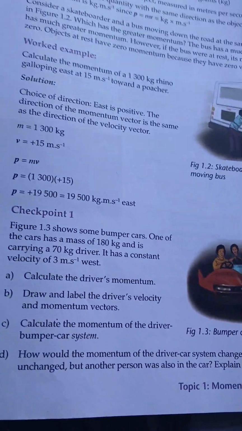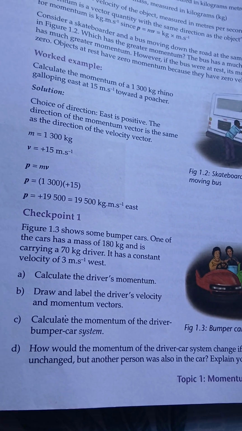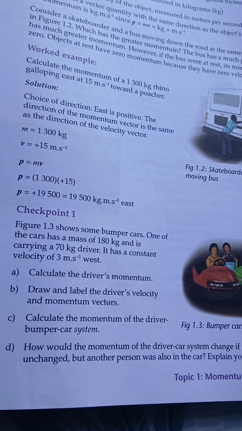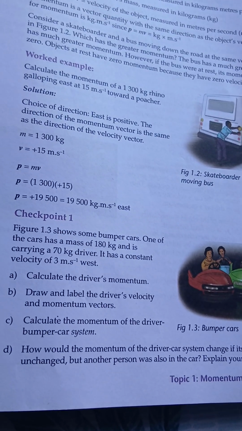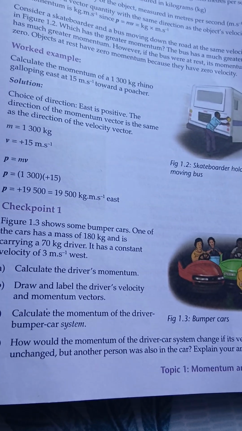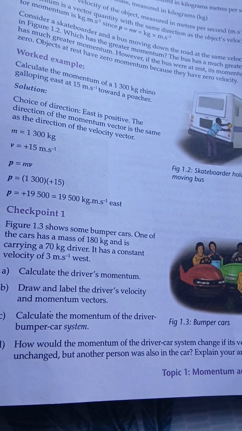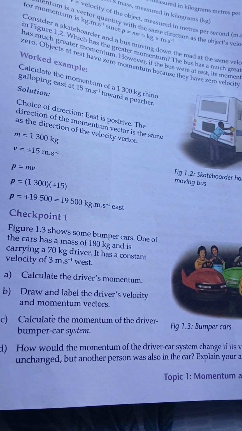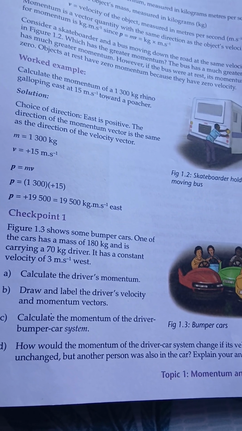Now, Figure 1.3 shows some bumper cars. One of the cars has a mass of 180 kg and is carrying a 70 kg driver. It has a constant velocity of 3 meters per second and it is going to the west.